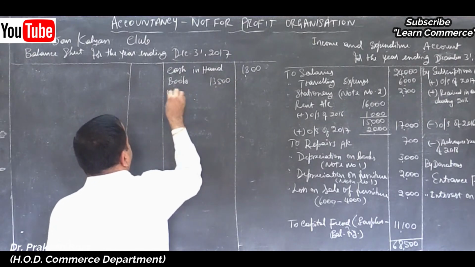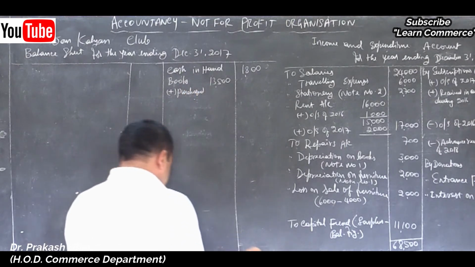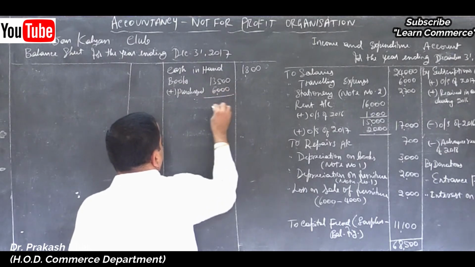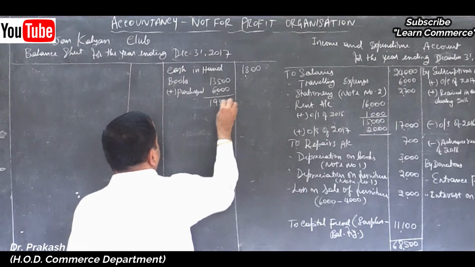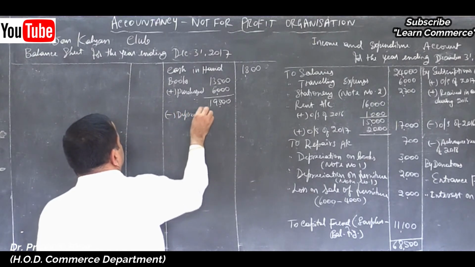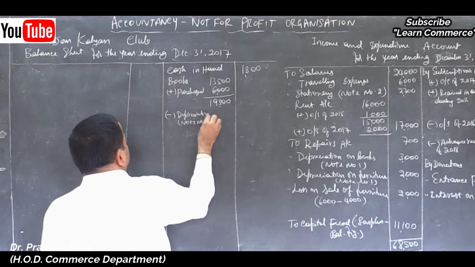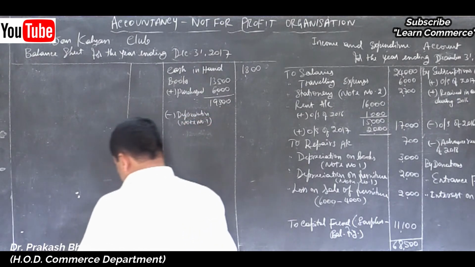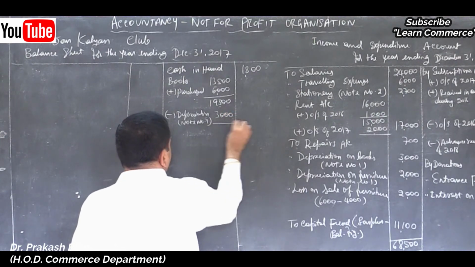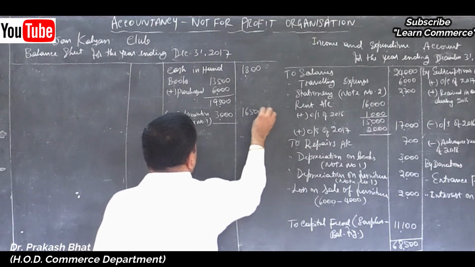Add purchased, how much? 6,000. 19,500. Less depreciation, note number 1. How much is it? Is it 3,000? Yes, it is. So net amount in outer column 16,500.